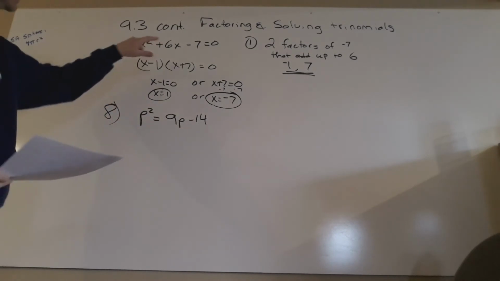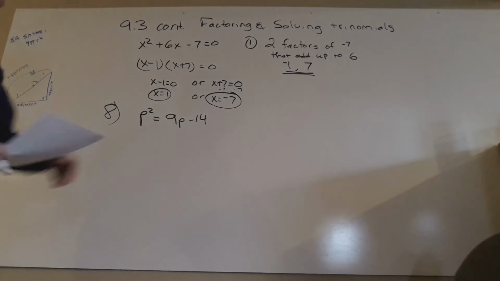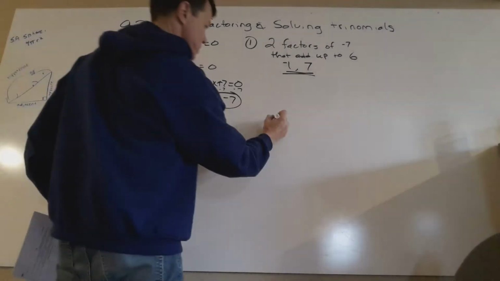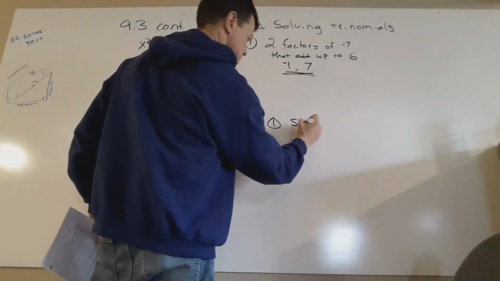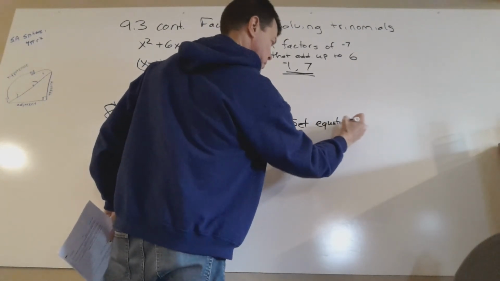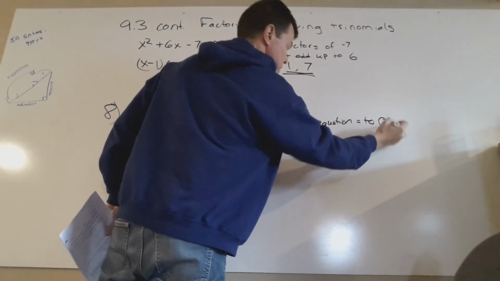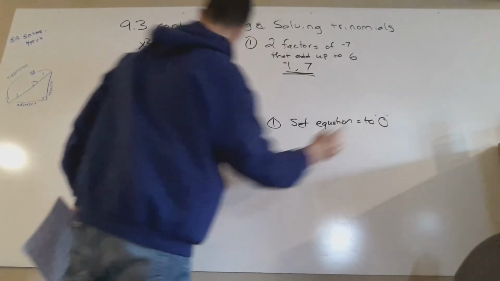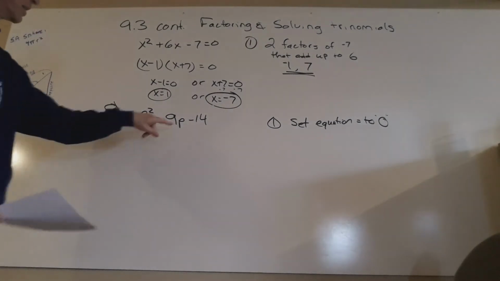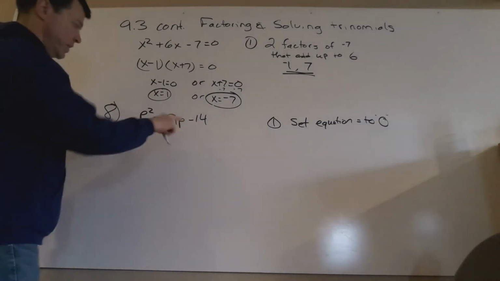Our first step: is it set equal to 0? The last one was, this one is not. So our steps to solve, number 1, set the equation equal to 0. All right, so I've got to get this 9p and this -14 out of this side.